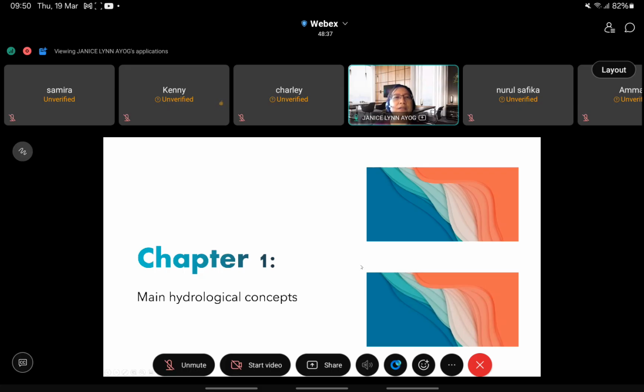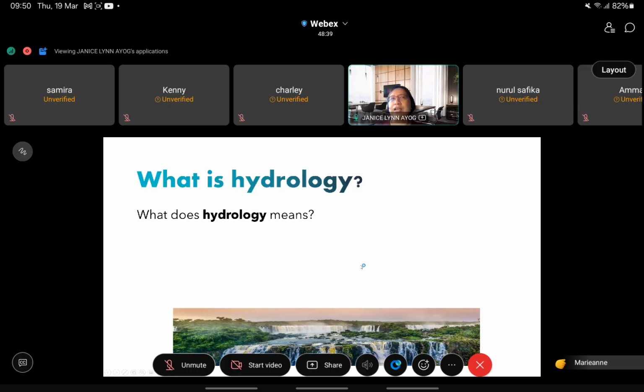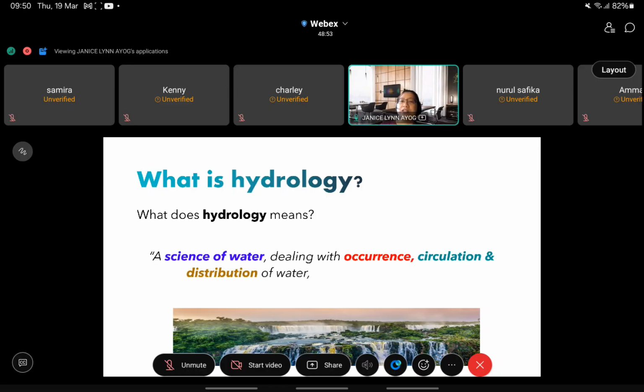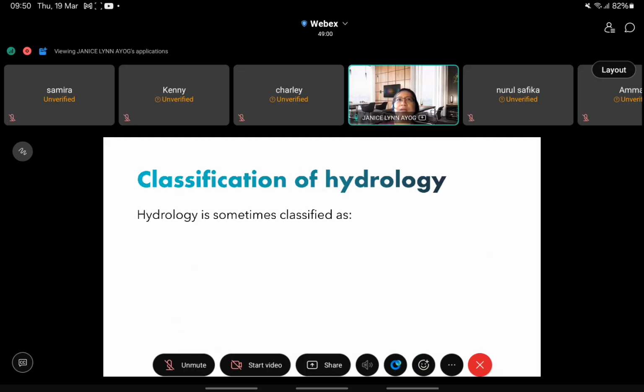First thing first, what is hydrology? You've learned hydraulics in the previous semester. So what's the difference between hydraulics and hydrology? Hydrology means a science of water dealing with occurrence, circulation, and distribution of water on Earth and atmosphere. In simplified words, it is the science of the movement of water from the sky to the land.